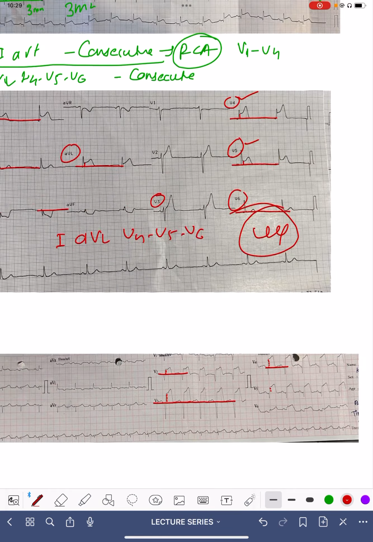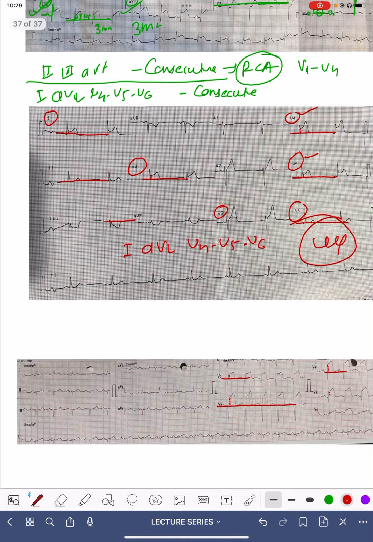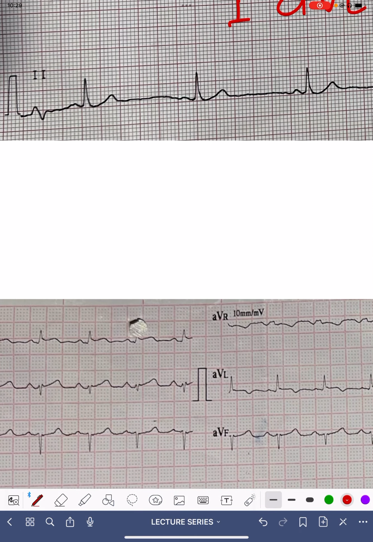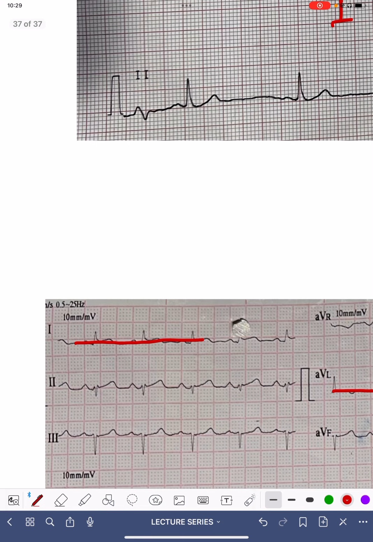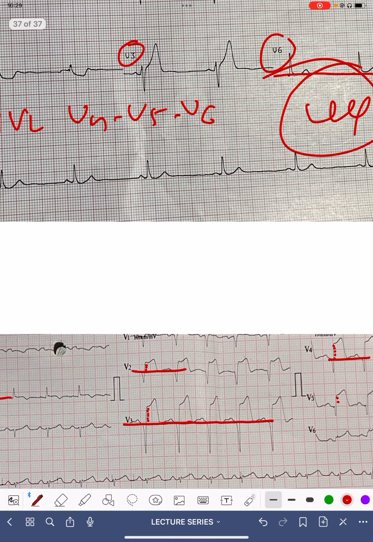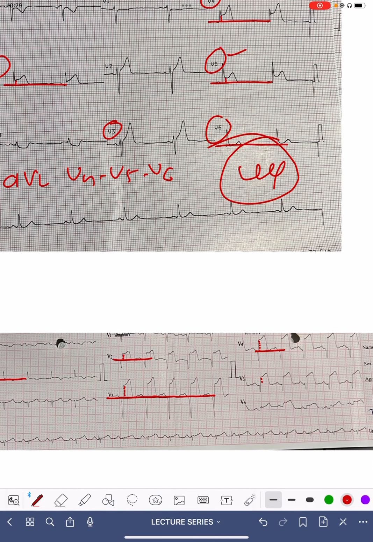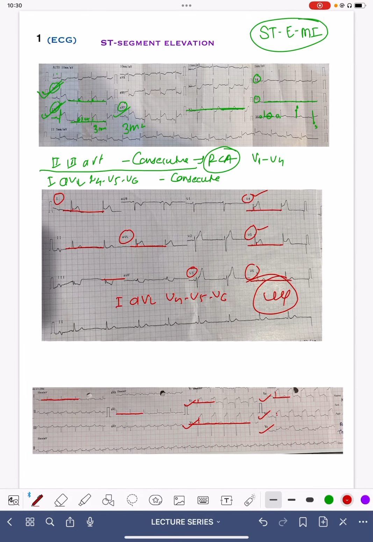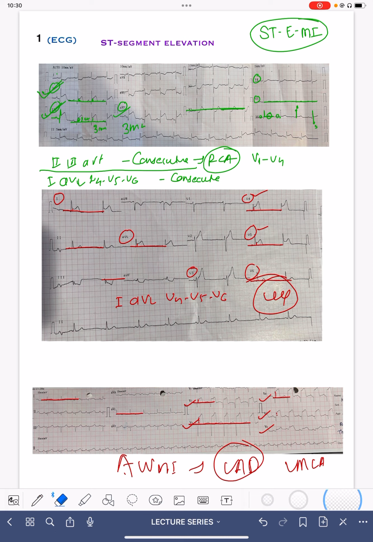So this is basically extensive anterior wall involvement, because lead 1 and aVL are not showing significant ST elevation. So in fact, this is anterior wall MI, which is involving leads V2, 3, 4, 5 and a bit of 6. So there is extensive anterior wall MI, which is usually supplied by the left anterior descending, or it can be left main coronary artery blockage.